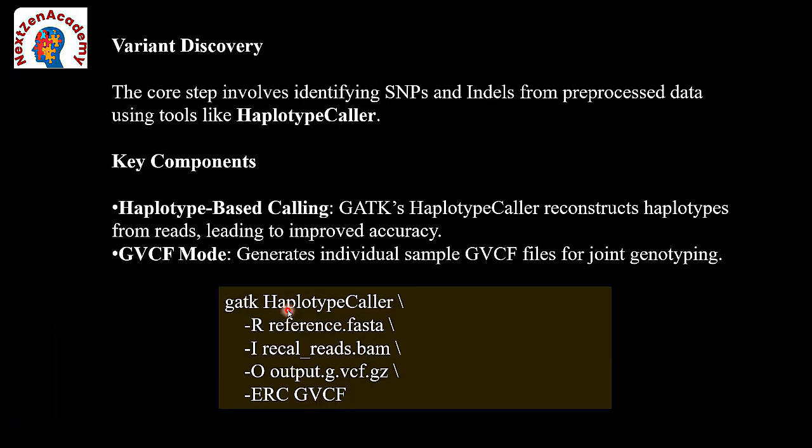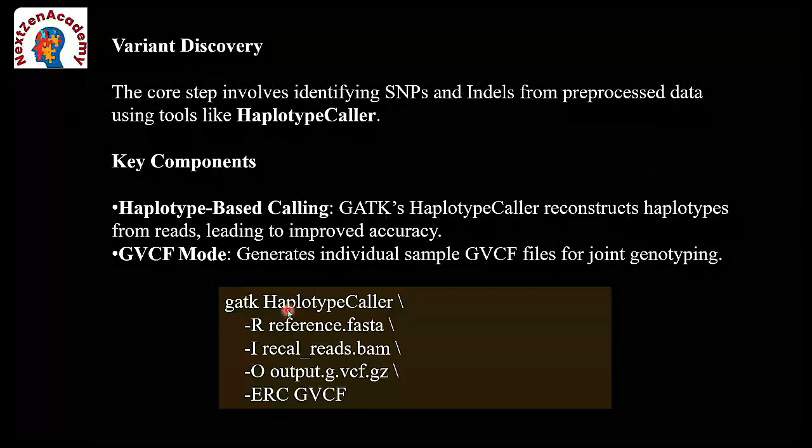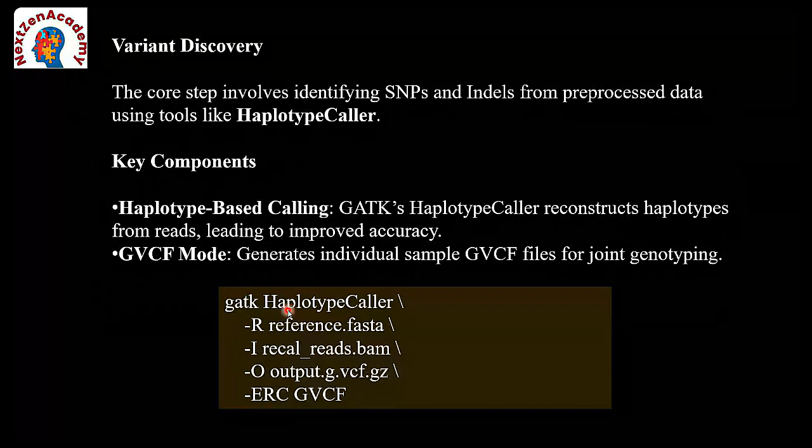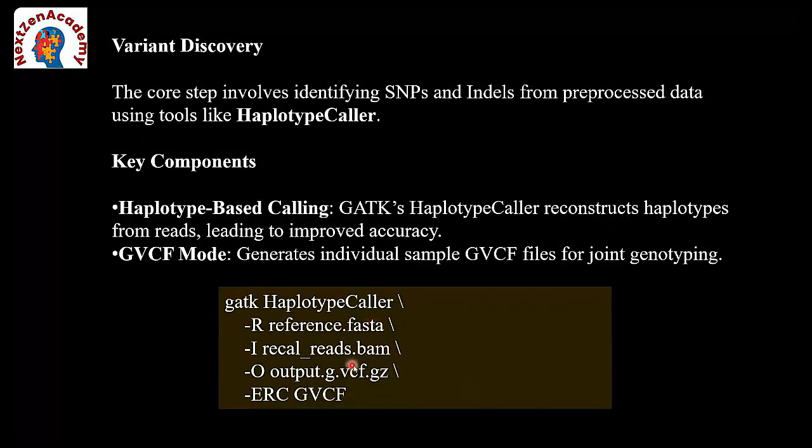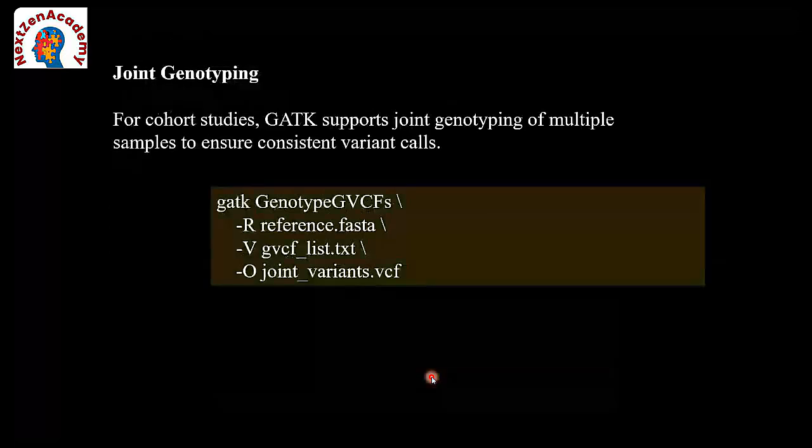We also need to give the recalibration table, to let the machine know how it needs to be processed. This is just a base command, but when we are working with different datasets, it will differ.